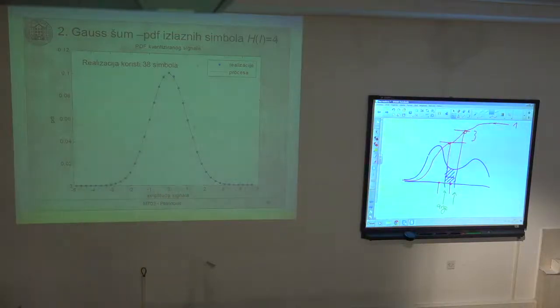So the symbol 0 is observed most of the time. Plus minus 1, a little bit less. But for example, this value, plus minus 4 point, I don't know how much, 4.6, is observed very seldomly. And that is the reason why I can have 38 symbols, but still have the output entropy of only 4 bits per sample. Okay?